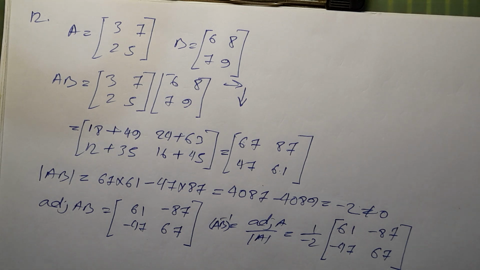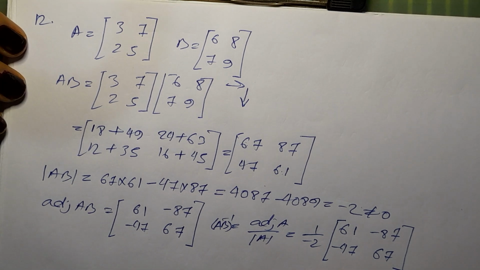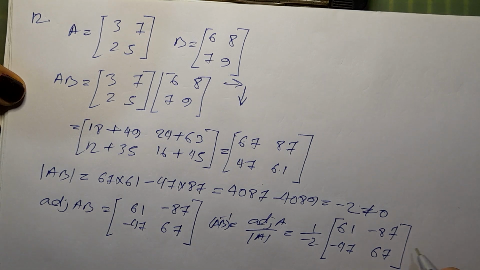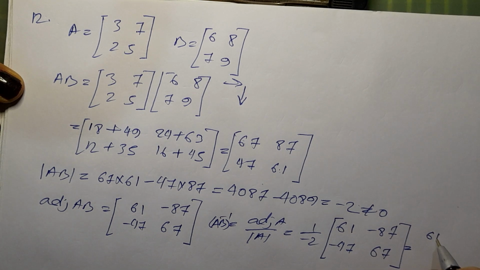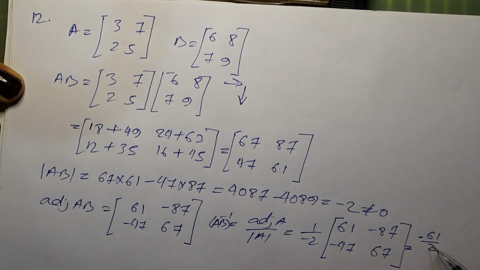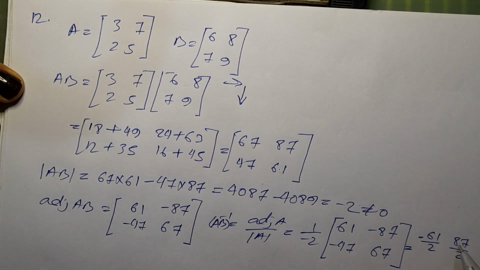Now we need to find A inverse and B inverse separately, then find the product and check whether it is the same or not. Take the factor inside: 61 by 2 with a minus, minus 87 by 2 becomes positive 47 by 2, and positive 87 by 2, minus 67 by 2. So this is the inverse of AB.